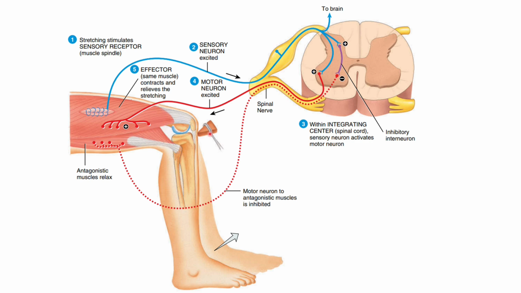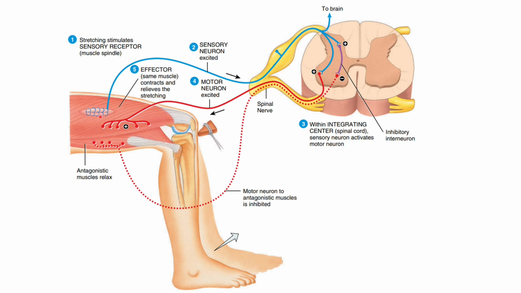This is a very common reflex that we examine during neurological examination in the clinic. You're going to ask the patient to sit and relax. Then you're going to hit the patellar tendon with the hammer. So what you're doing here is stretching this muscle.